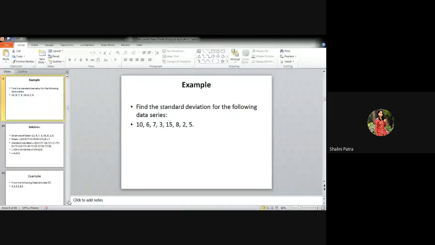Calculate the standard deviation. The square root of the sum of x minus x bar whole square.